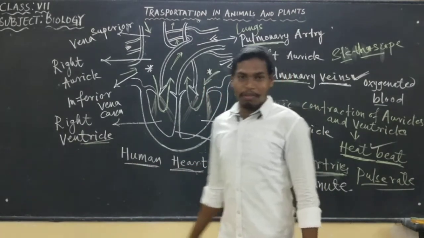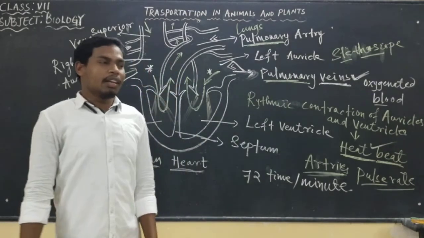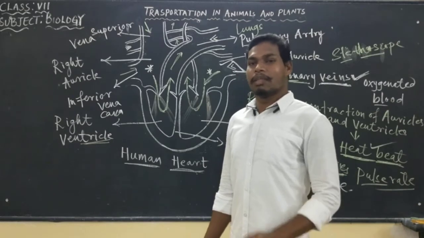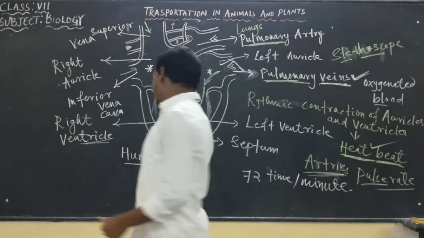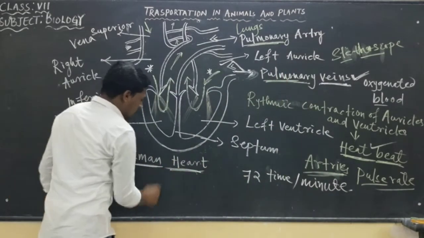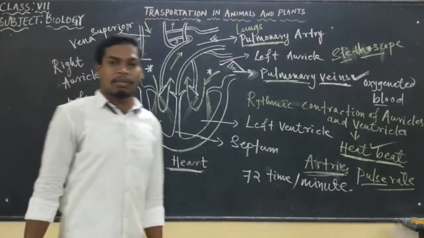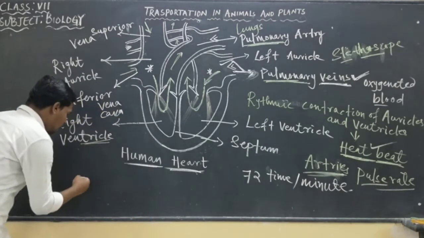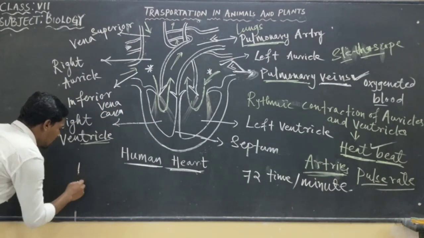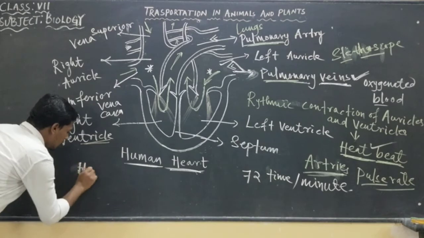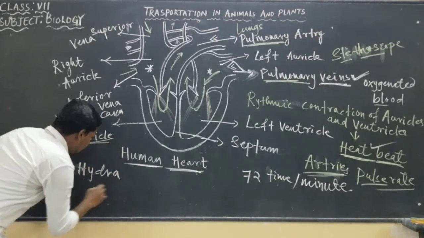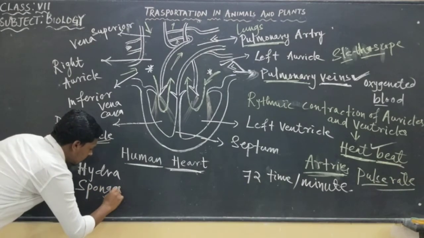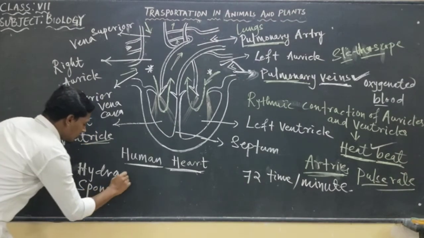So my question is, how does the transportation of oxygen and food take place in the bodies of aquatic organisms like hydra and sponges?